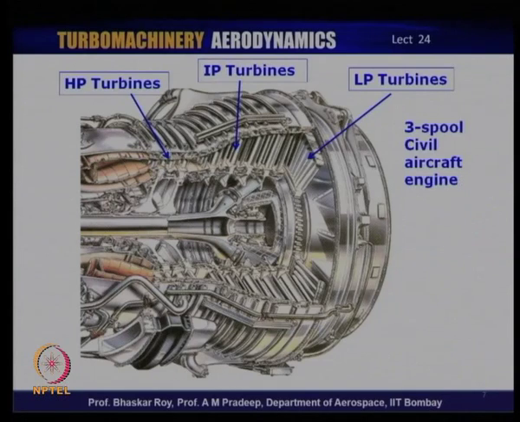One of the problems with 3 spool is that you need to have control over all the 3 spools. So, you need a good mechanical and control system to effect control over all the 3 spools in a desired manner. So, 3 spool is actually a very futuristic concept, and it is probable that in future we might see more and more engines that are 3 spool engines.